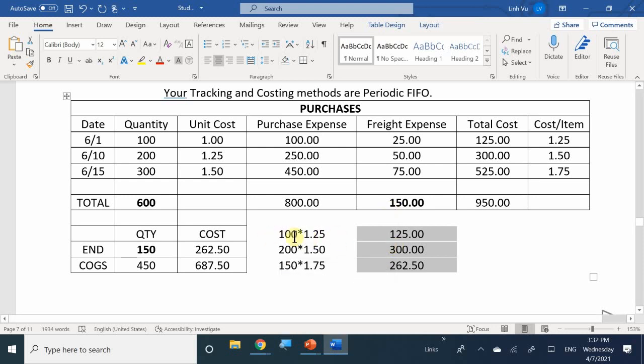We sold 100 items, we sold another 200 items, and we sold 150 out of the third batch. So add these three numbers together and you should get 687.50. And then you subtract it from the 950 to get your ending balance of 262.50. Good.